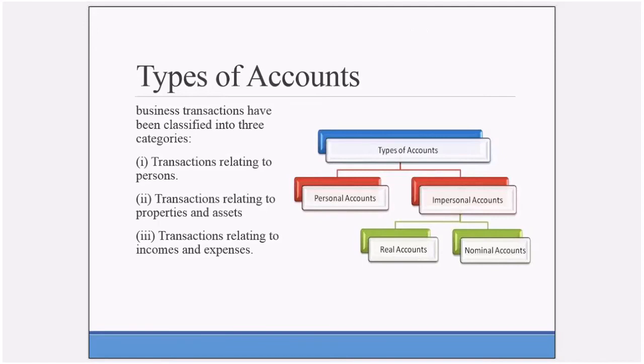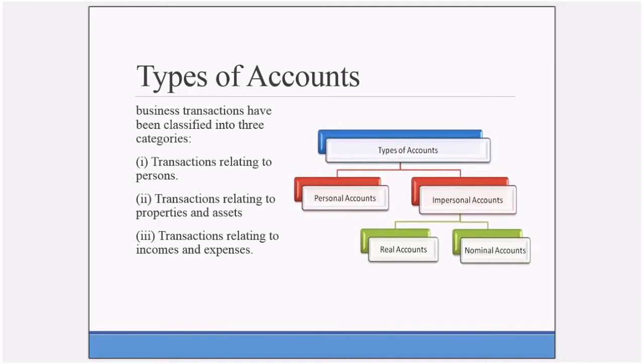When we talk about impersonal accounts, we have again two classifications, real accounts and nominal accounts. Real accounts deal with properties and assets, whereas nominal accounts deal with expenses and incomes. So these are the major types of accounts.